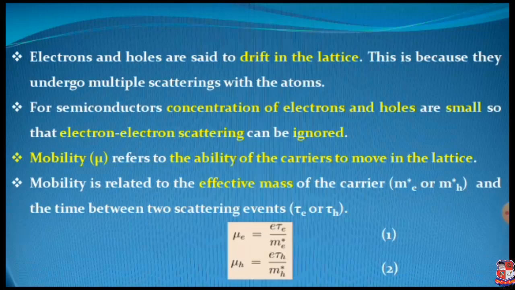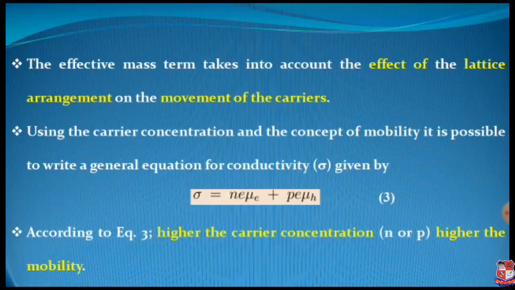Here small e is the charge of the electron, tau e is the time between two consecutive electron-electron scattering events, and me star is the effective mass of the electron. Similarly, in equation number 2, tau h is the time between two consecutive scattering events between holes, and mh star is the effective mass of holes.